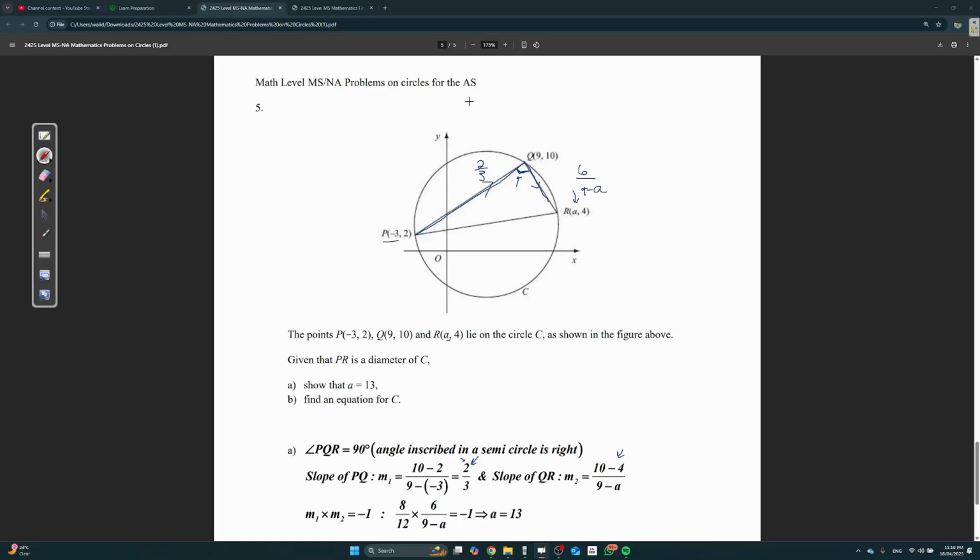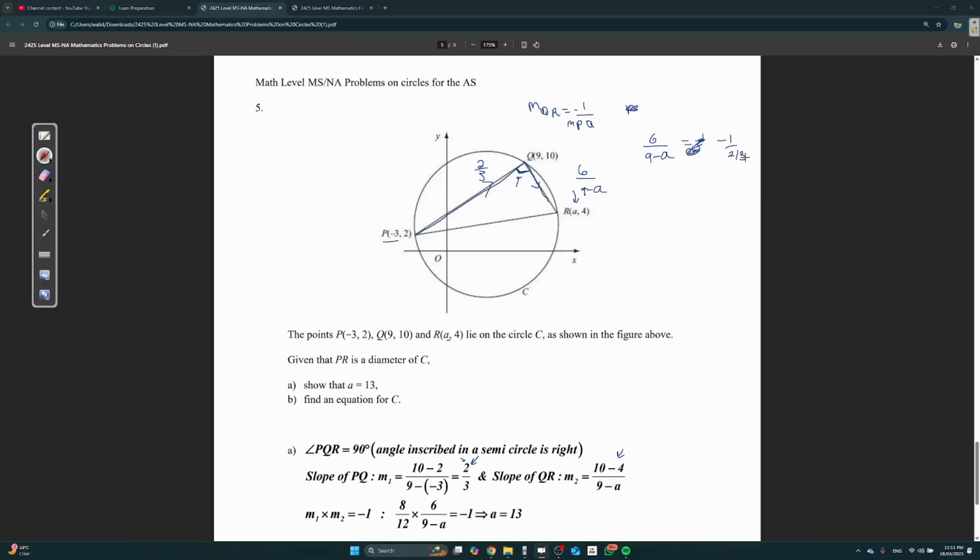We know that the slope of QR is equal to negative 1 over the slope of PQ, right? Since they're perpendicular. That means the slope of QR, which we're trying to find, 6 over 9 minus a, is equal to negative 1 over the slope of PQ, negative 1 over 2 over 3.